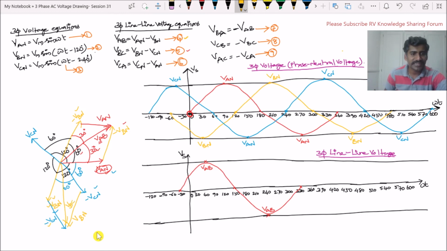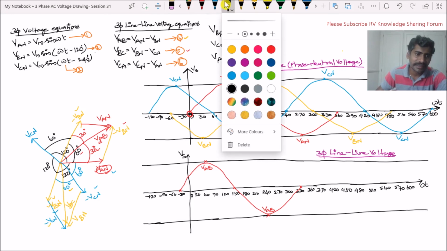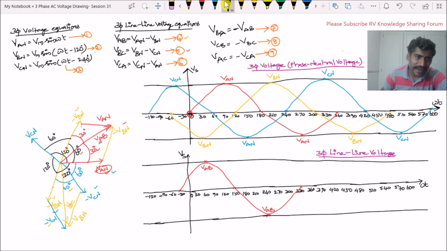If you look at this phasor diagram, our line voltage vector VBC is exactly bisecting our VBN and minus VCN, right? The phase angle between VBN and minus VCN is 60 degrees here. So the phase angle between the phasor VBN and VBC becomes 30 degrees, and similarly the phase angle between VBC and minus VCN becomes 30 degrees.